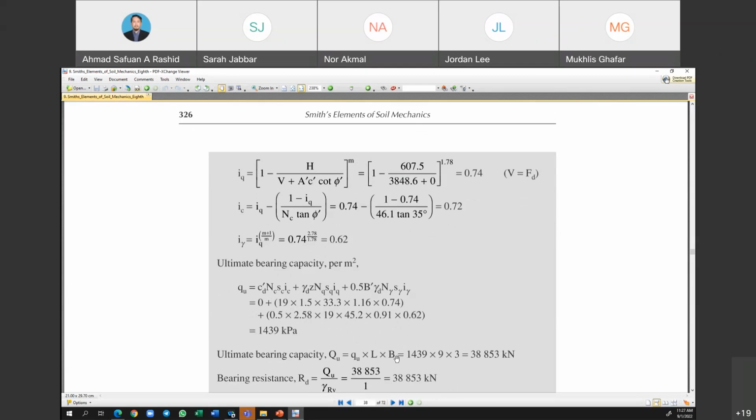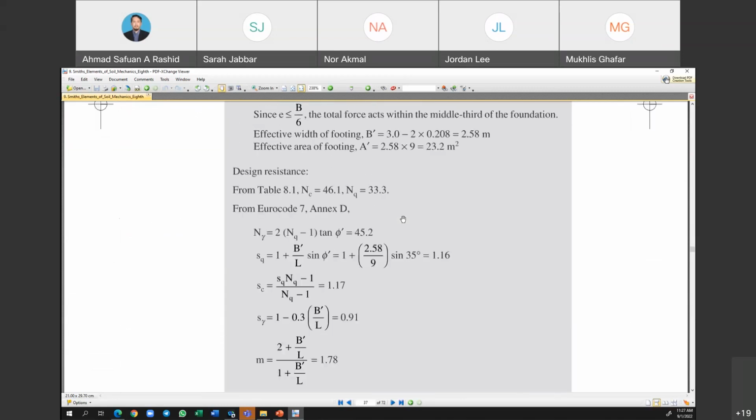I'm not sure why it used the B and not the B prime. This is also for sand soil. Why is the B prime not used here?